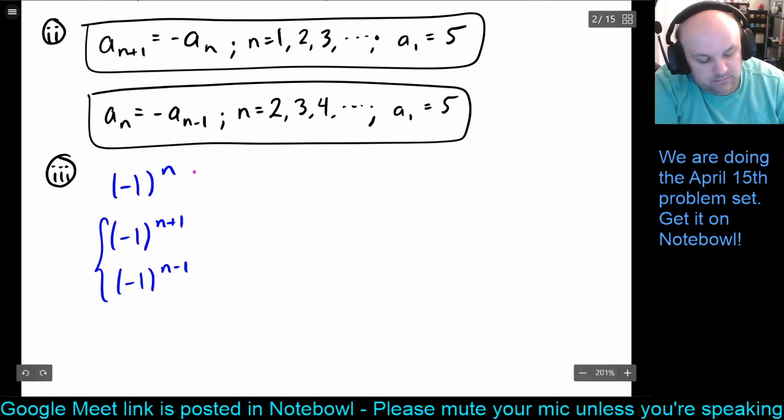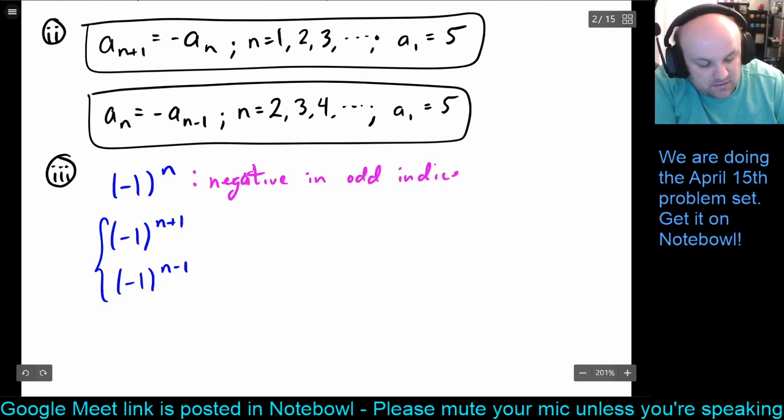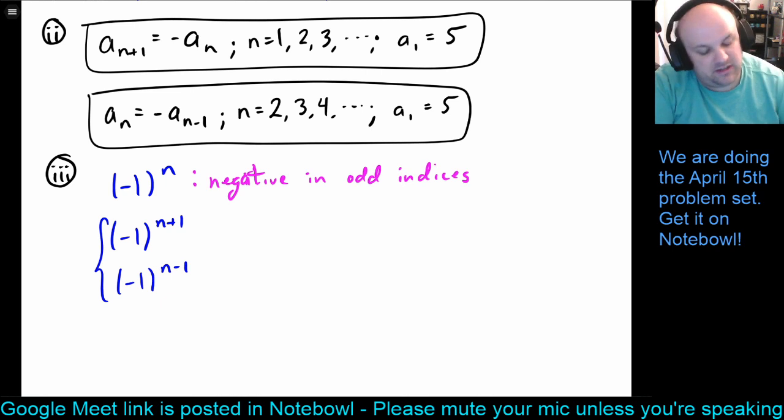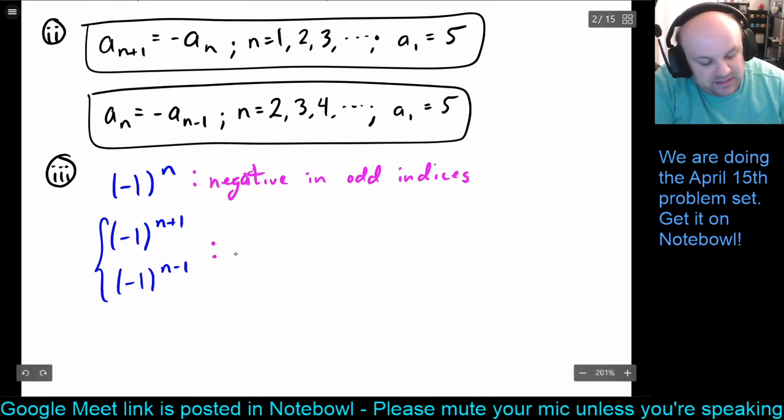So here, this one, the negatives, this is negative in odd indices. So when n equals 1, 3, 5, 7, and so on, that's when this one's negative. Either of these is negative in even indices.